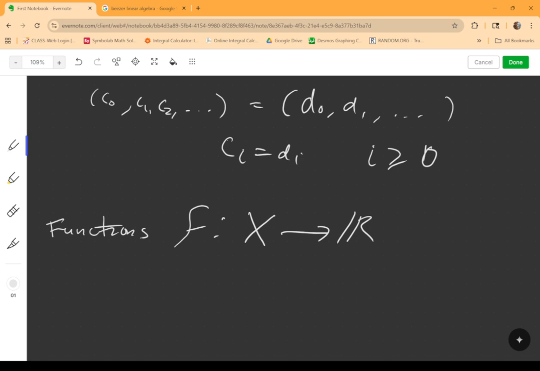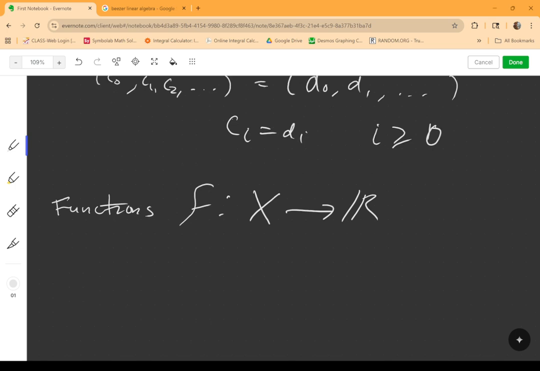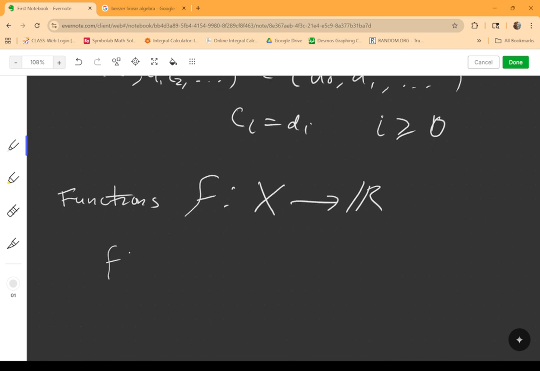What does it mean to add? It's the common definition that we have of addition of functions, as defined in an algebra class.